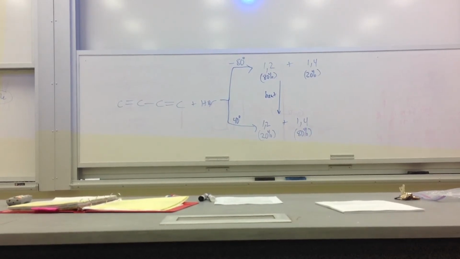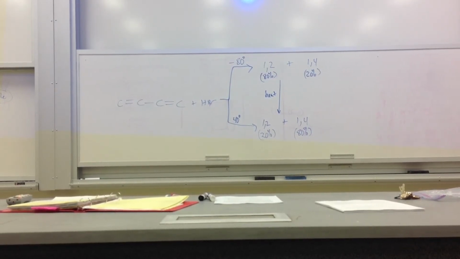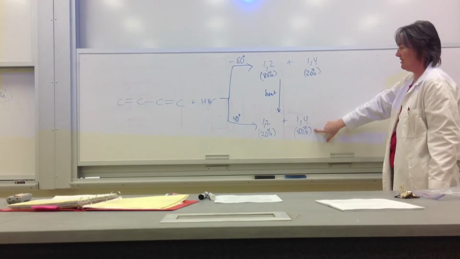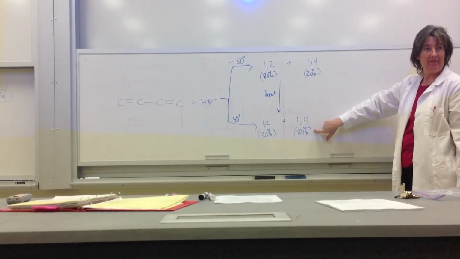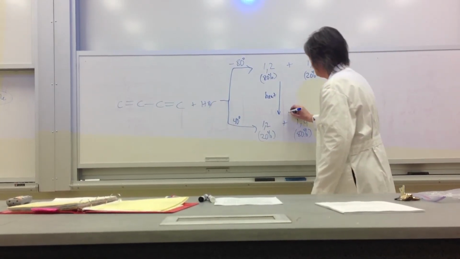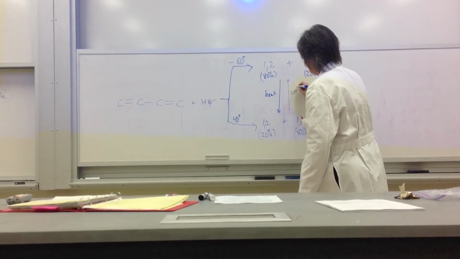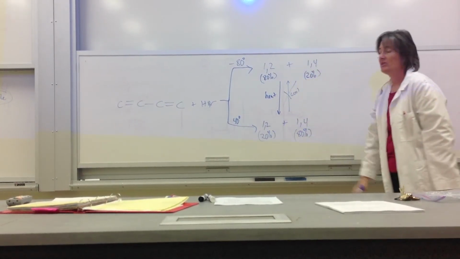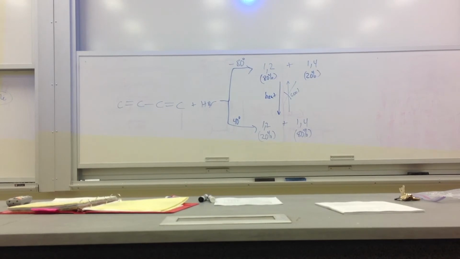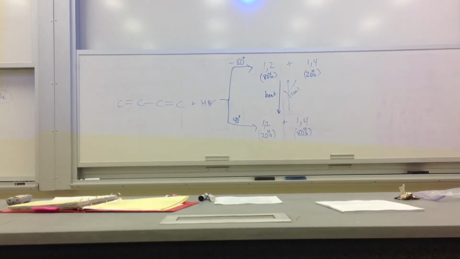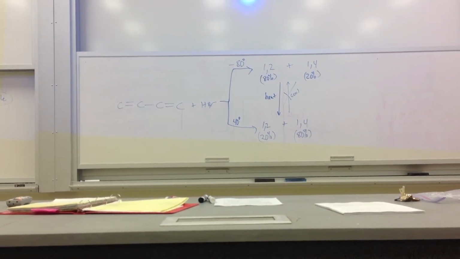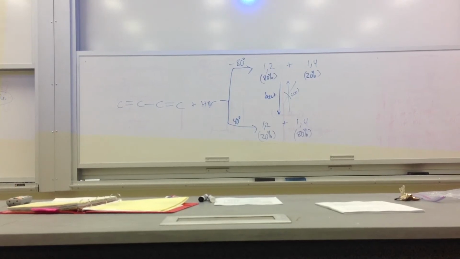If I do the reaction warm, I get these ratios right here, and I cool it down to negative 80. Go back. Nothing happens. Okay. Isn't that fun? So that's what we're going to explain.